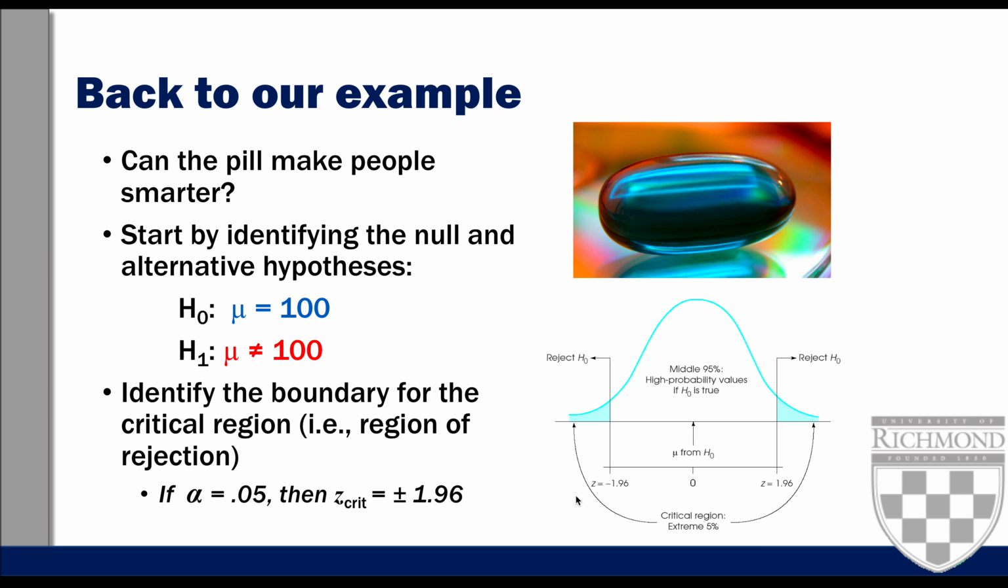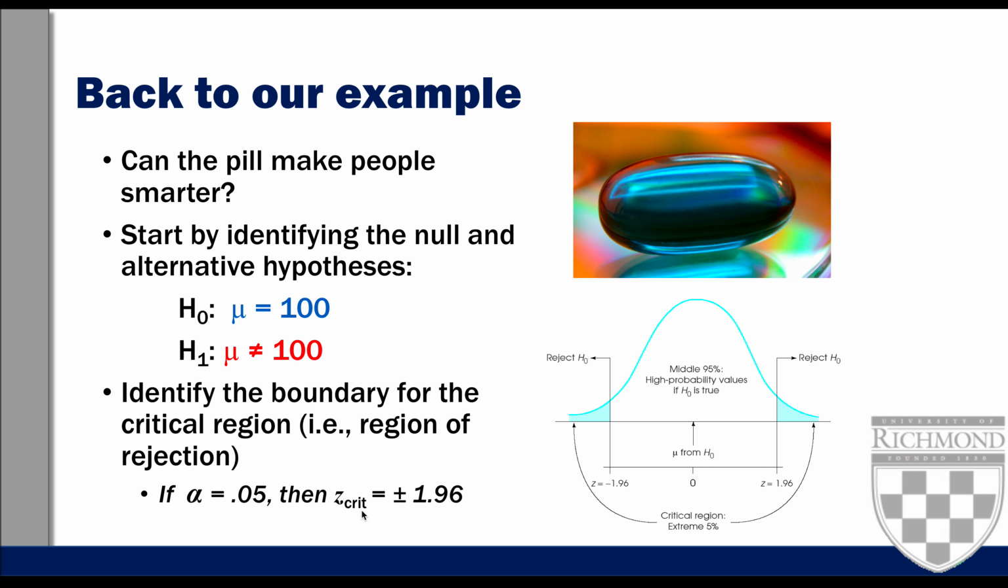That's the size of the region of rejection. The term that we use for that is alpha. So if alpha equals 0.05, what we're saying is the size of the region of rejection is 0.05. That's the proportion of area under the curve that is in the region of rejection. It's the same also as saying 5% of the area.